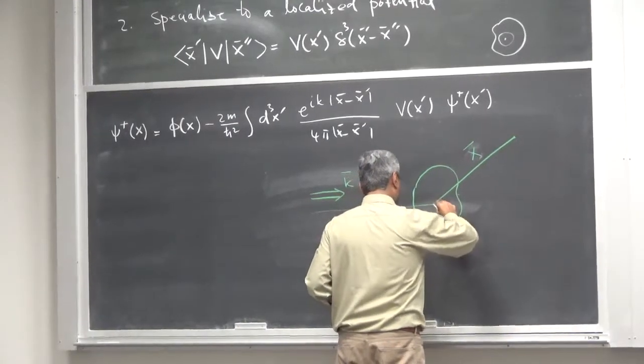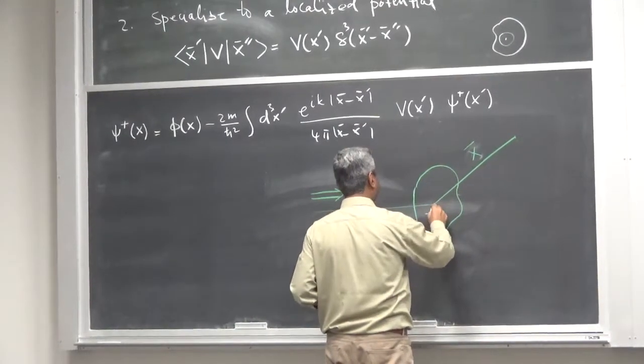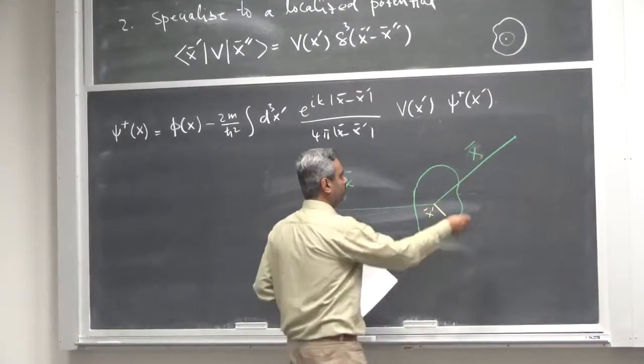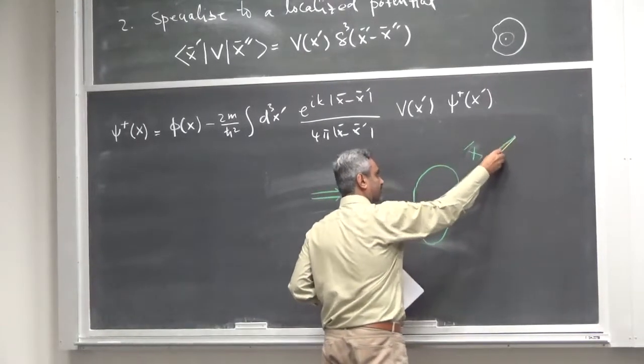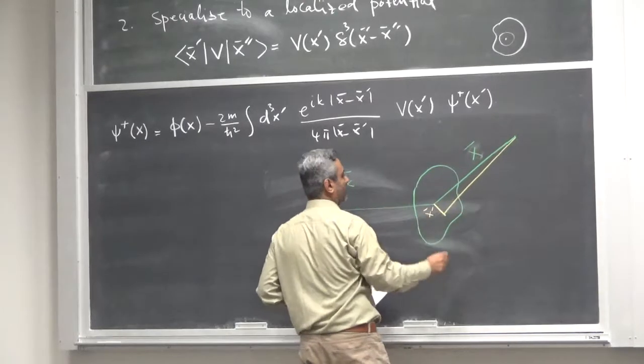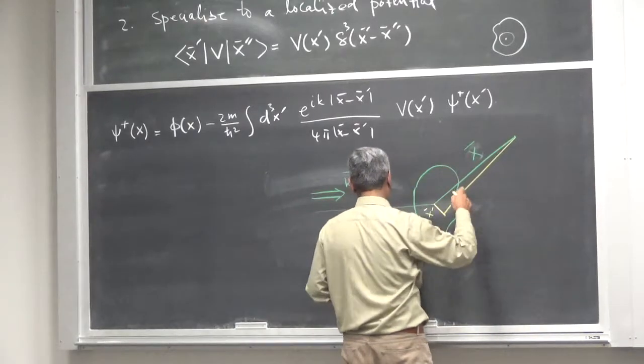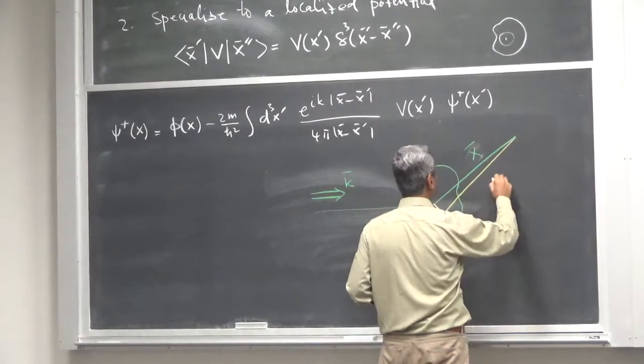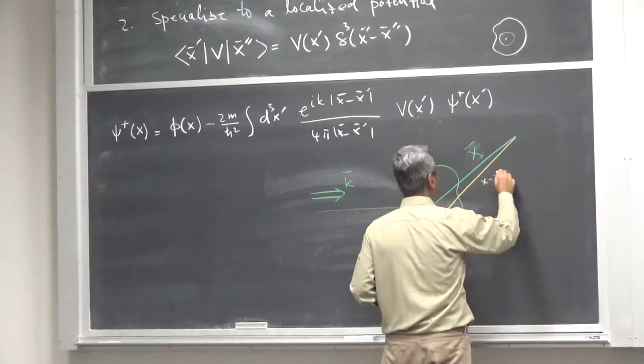So this is X prime vector, and so this thing is X minus X prime.